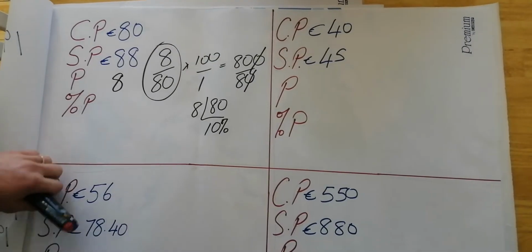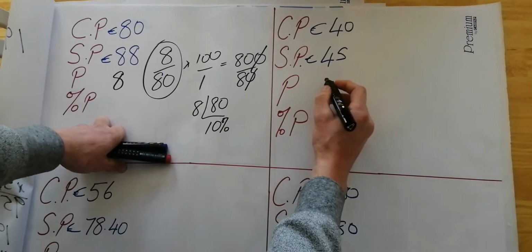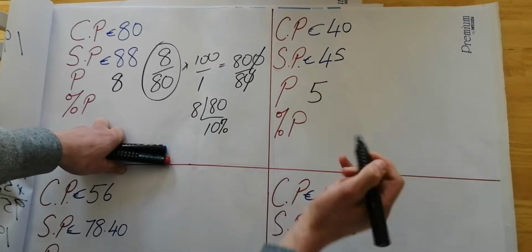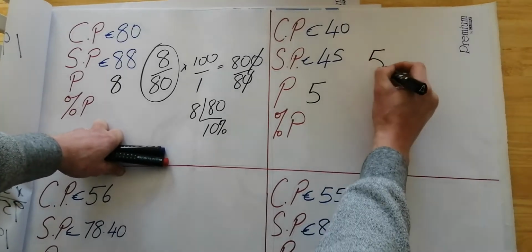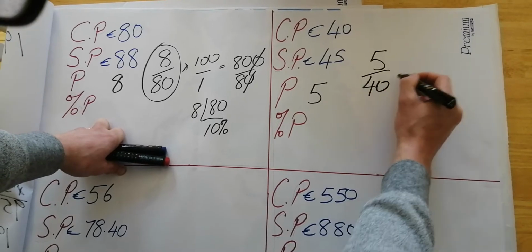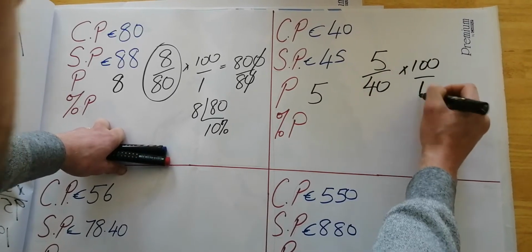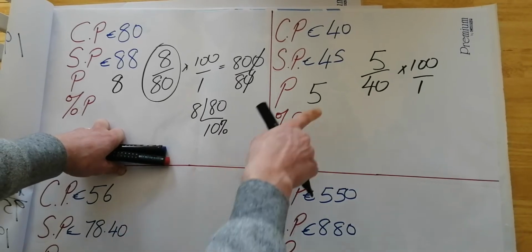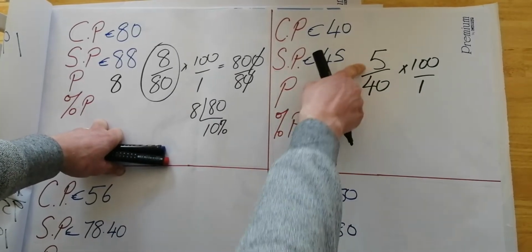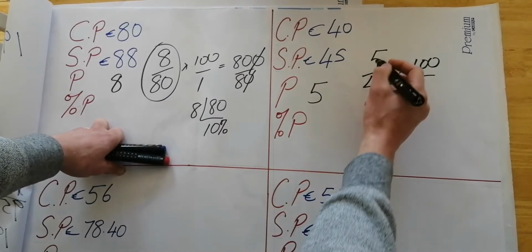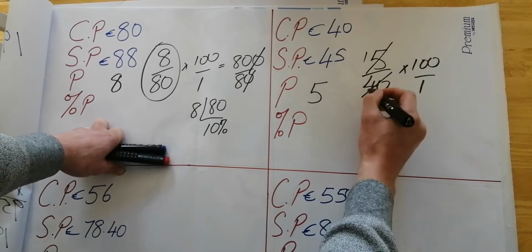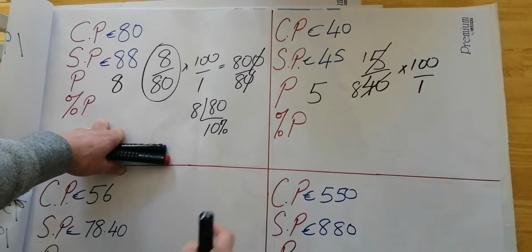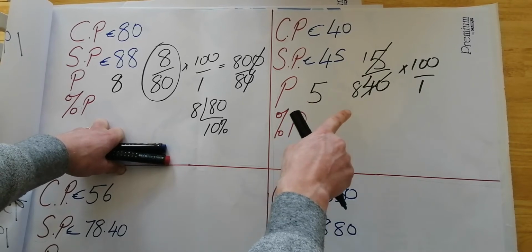Next one up here was the next easiest. They had a profit of €5. So profit over cost price by 100 over 1. Now we should both know that 5 goes into both of these numbers and it will definitely simplify down. 5 into that is 1, 5 into that is 8 times, and of course we should all know that that's 12.5%.